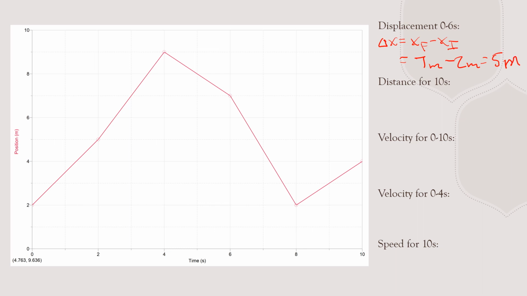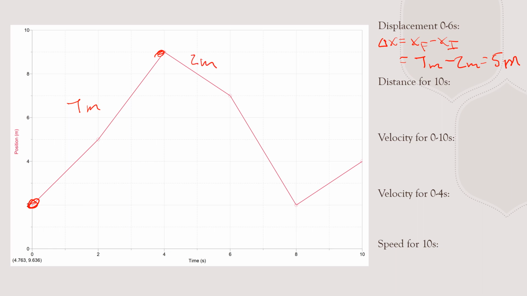The distance they traveled is how far did they actually go. So if we look at the first part, they started at 2 meters, they went to 9 meters, so that's 7 meters over that first section. Then they went from 9 back to 7, so to get from 9 to 7, that's going to be 2 meters.